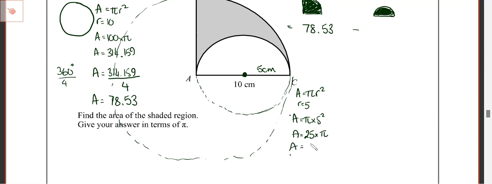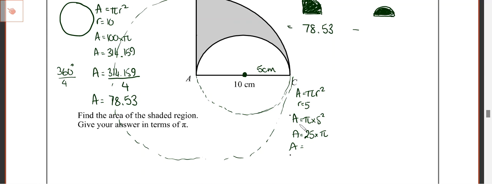What did you get? 5 squared is 25, yeah? Not 10. Just in case. What did you get? 78.5. Pardon? 78.